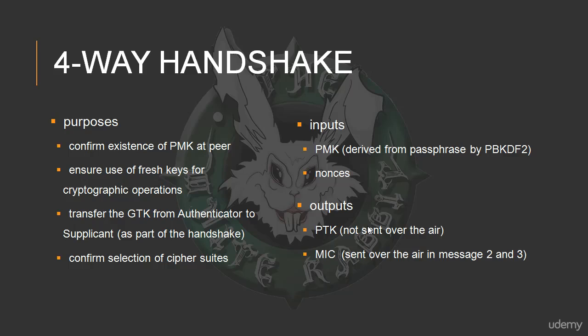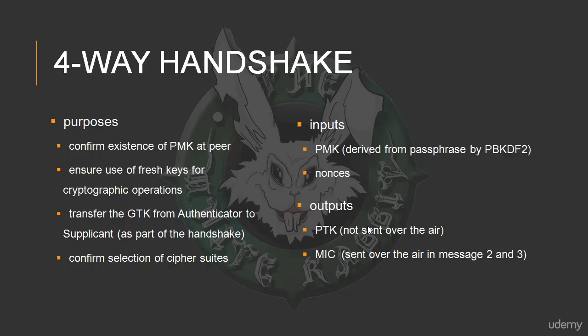And then fresh keys could be used for cryptographic operations if you do this four-way handshake, because you'll be deriving a fresh PTK. Besides peer-to-peer communications, there's also group communications like multicast and broadcast. So the group transient key will also be sent from the authenticator to the supplicant, so from the access point to the station, as part of this handshake. Another purpose is the confirmation of the selection of cipher suites.